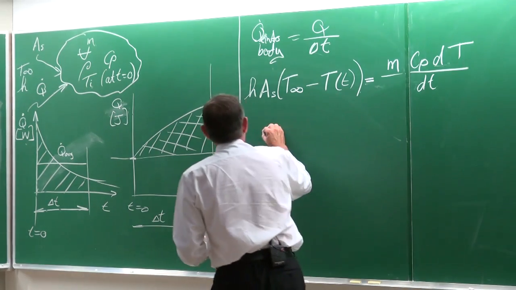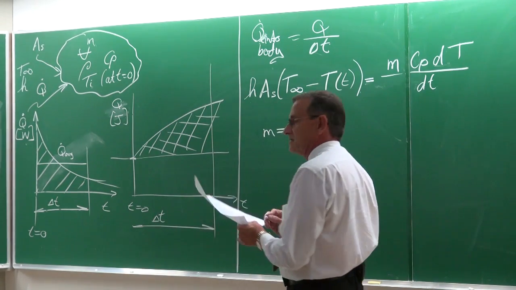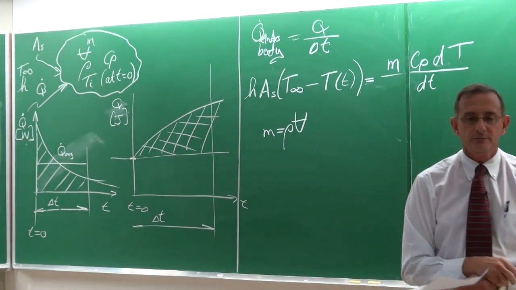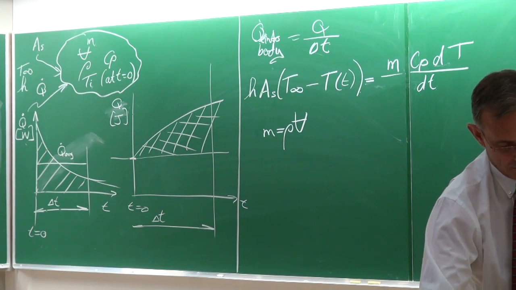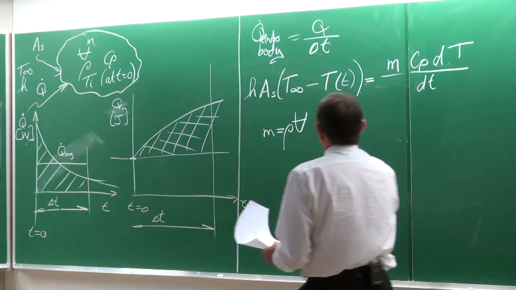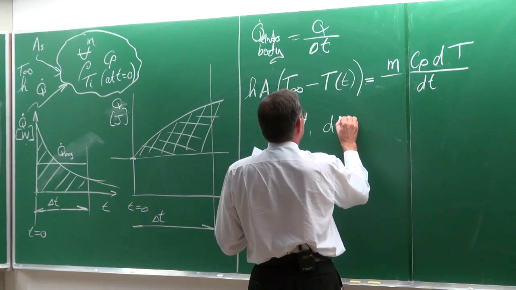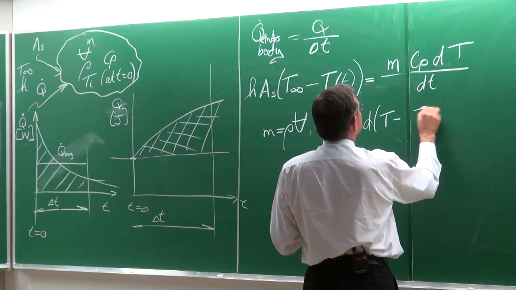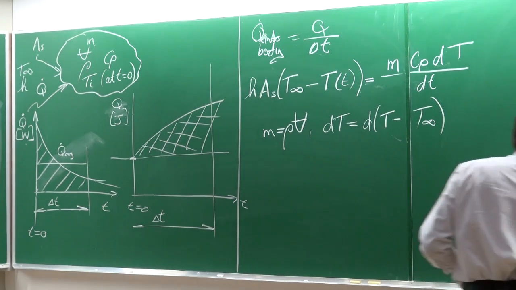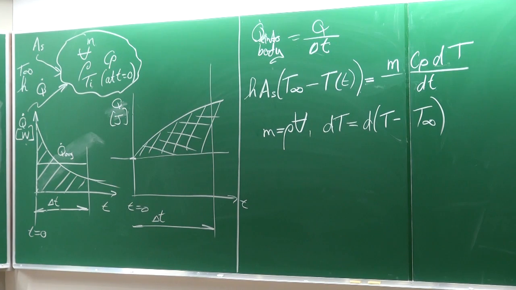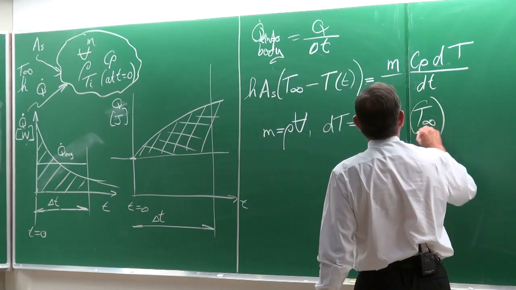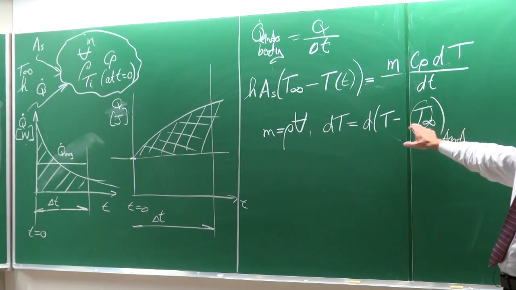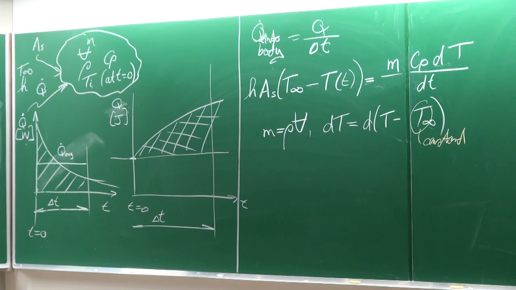Take into consideration that the mass we can actually write as the density multiplied by the volume of the body. And a mathematical trick that you've used many times is that dT we can write as d(T minus T infinite). Why? Because T infinite is a constant, and if I do the differentiation, that one is just going to disappear in any case.